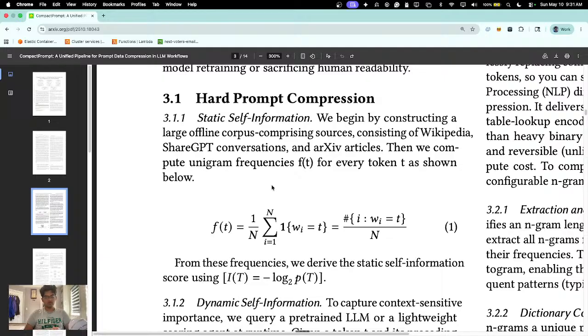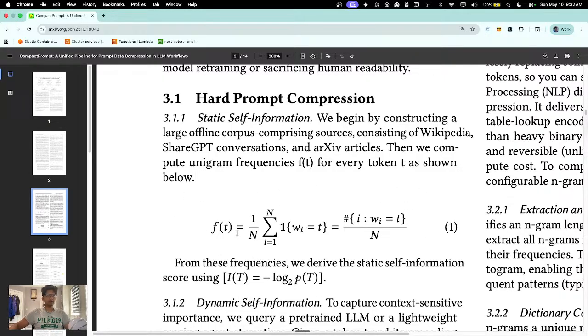Let's say it was "the car," right? So what the hard prompt compression will do, specifically the static self-information, is it will take the "the" token and then the "car" token, and it will put it in this specific algorithm.